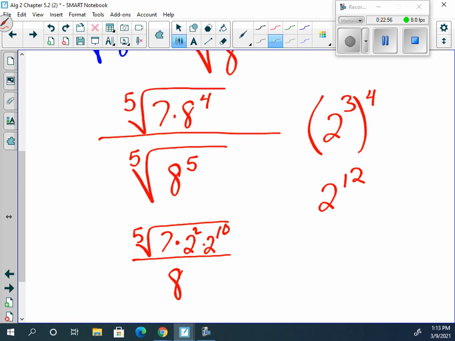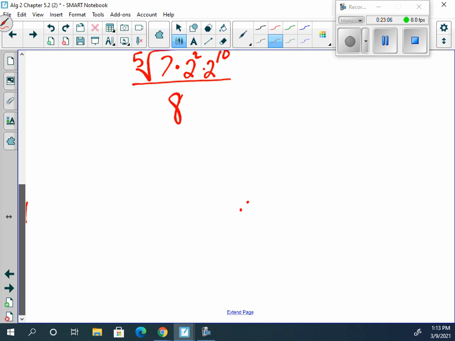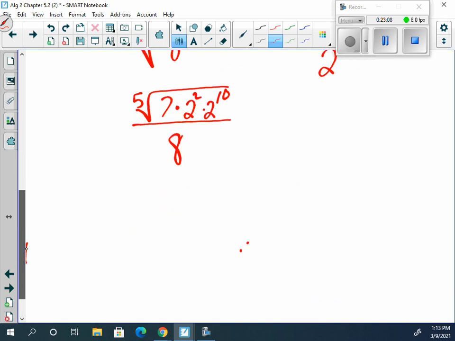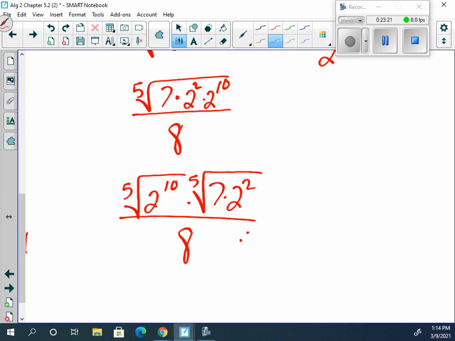Well, I have 2 extra 2's in the numerator, because 5 divided by 2 is, I'll write this out, so we're not just talking through it. So we look at this here. We can really break this up into the 5th root of 2 to the 10th times the 5th root of 7 times 2 squared over 8.